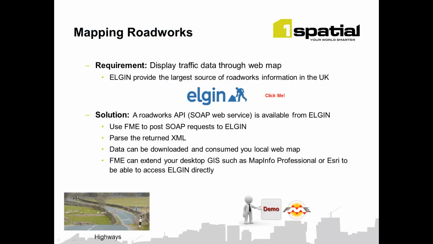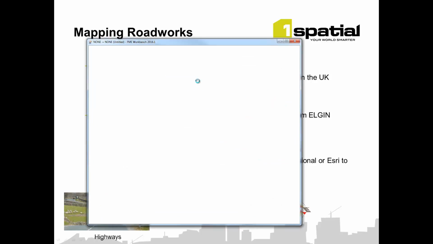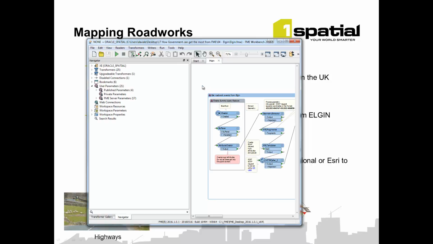Then you can see that there are incidents and roadworks and delays that are likely to happen in different parts of the country. So what we'd like to do is go and get access to that data in our own local GIS tool, and to do that we can build an FME process, of course, to go and scrape that content from the web.